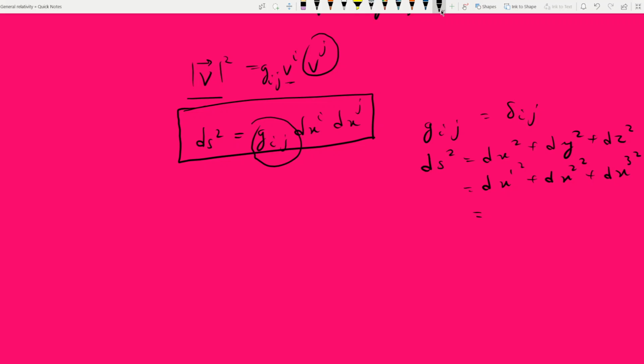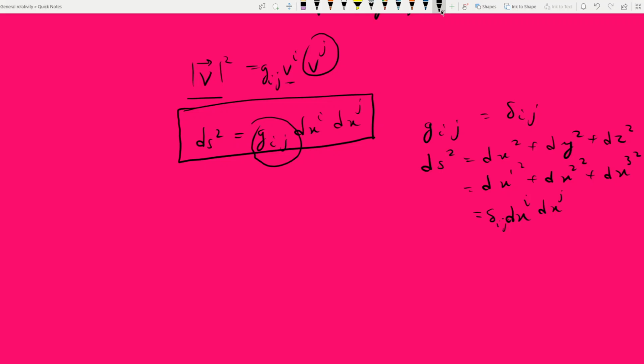So we can write it as dxi dxj. Notice we don't have any component in the front, but when we use another coordinate system we will have g of ij. It's because the component in the front is just the Kronecker delta of ij.